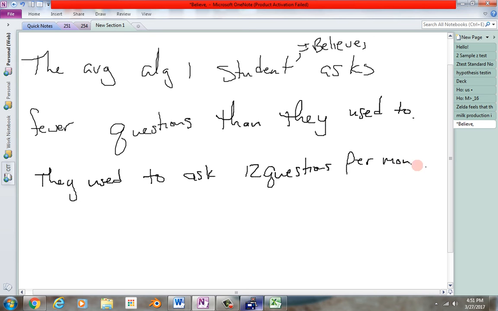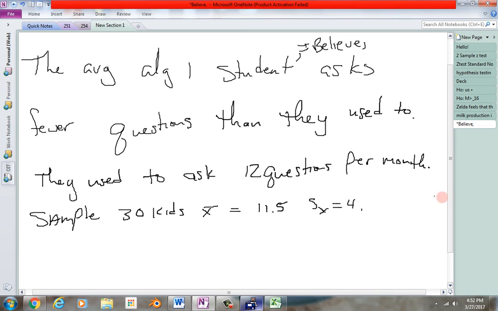Let's make that up. So what do you do? You sample 30 kids and you get x bar equal to 11.5. The standard deviation is 4.1.